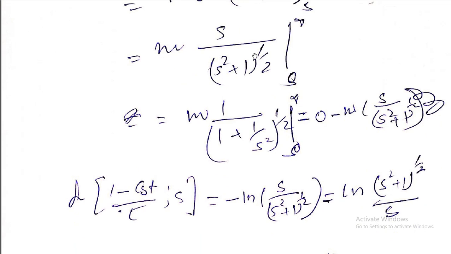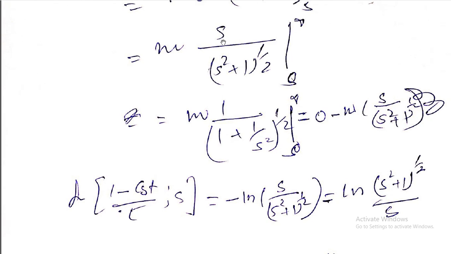Before applying the limit, you can see that it becomes an undetermined form, infinity by infinity. When you apply the upper limit, it becomes infinity by infinity form. So we divide the denominator and numerator by s.